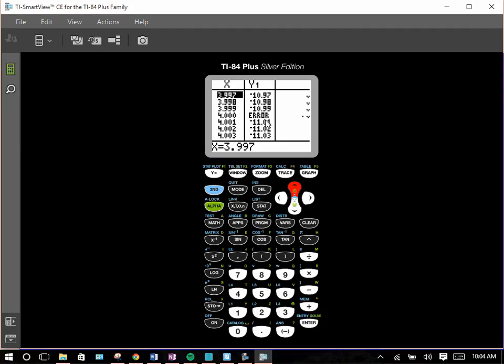What is it getting close to? 11 or negative 11? Negative 11. You all see that? Negative 11.03, negative 11.02, negative 11.01. Obviously, the next logical step would be negative 11.00. That'd be negative 11.